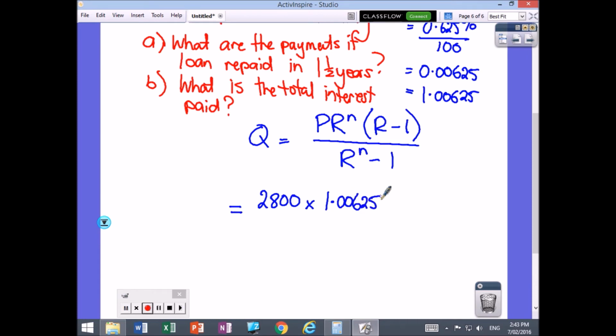To the power of 18 times by the rate minus 1. This is the rate minus 1, so it's almost like we're going back to where we started from. Okay, so there's the top done.